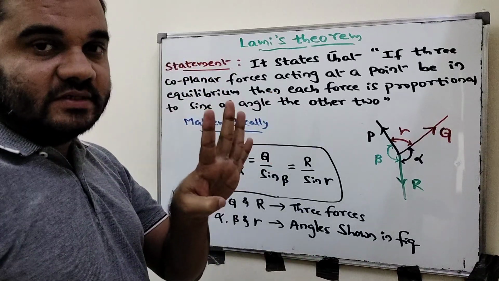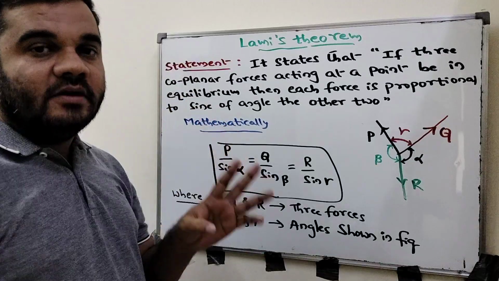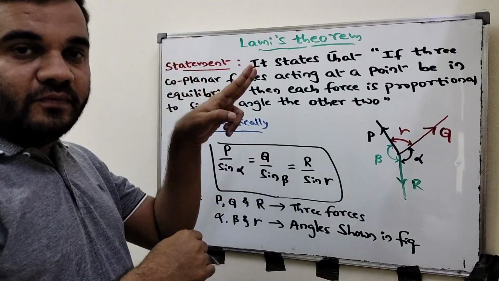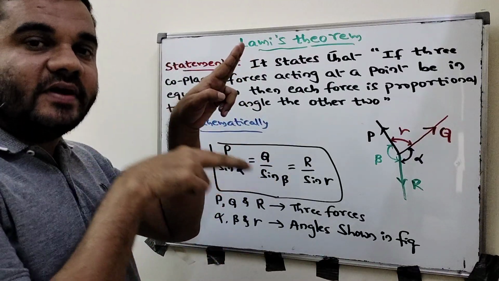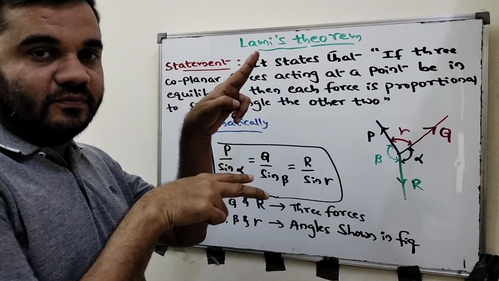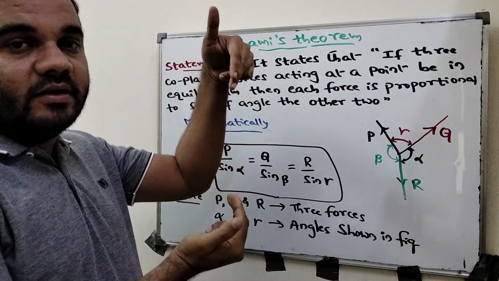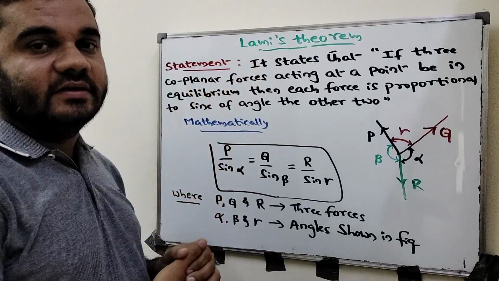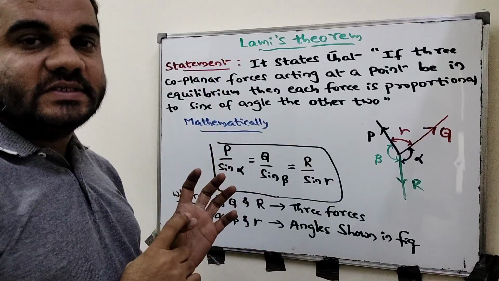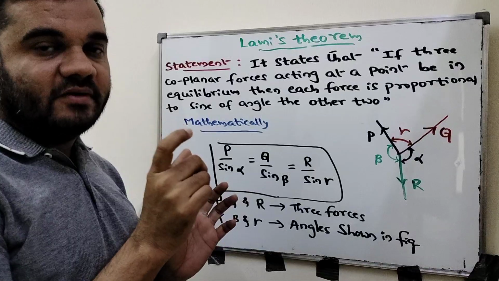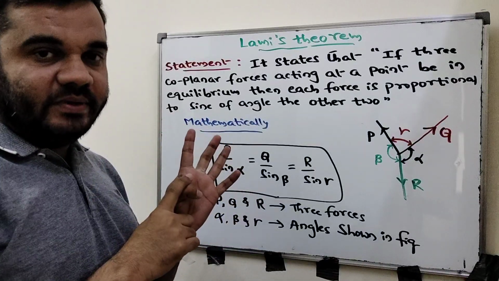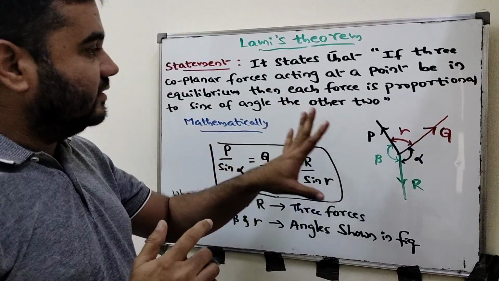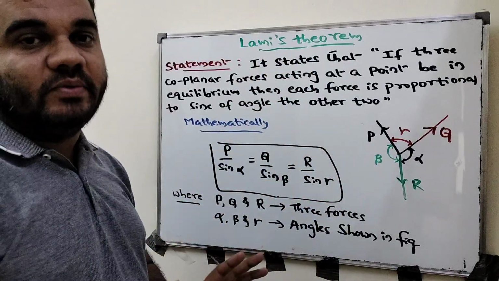For the four-force equilibrium principle, if four forces are acting at a point, then the resultant of two forces is equal to the resultant of the other two, exactly opposite in direction, and collinear. This is how the equilibrium of forces is explained. Lami's theorem is the three-force equilibrium condition.